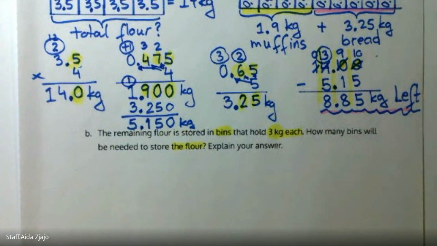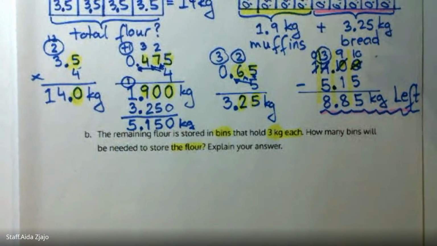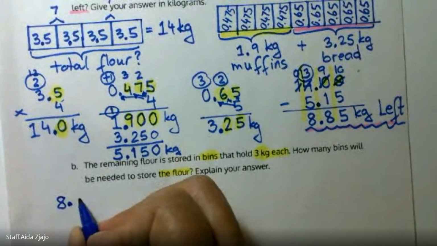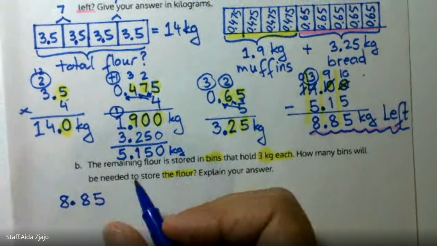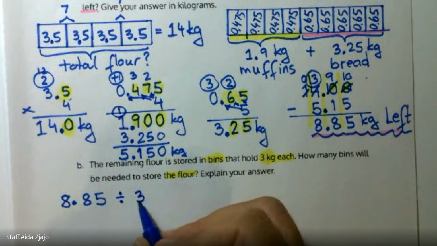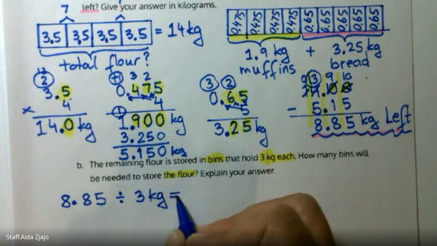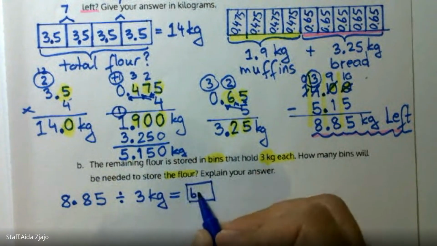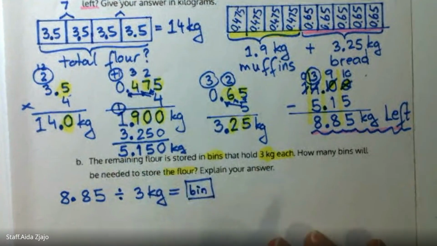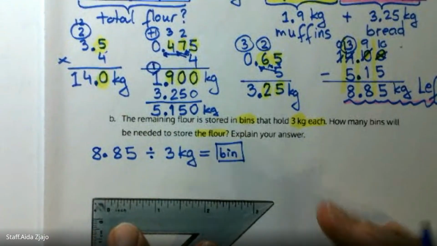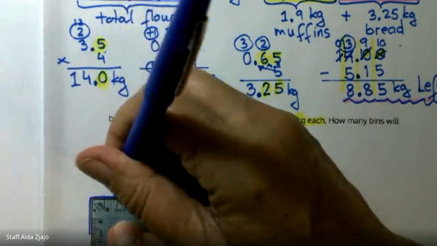So imagine now that this 8 and 85 hundredths kilograms that is left needs to be divided into groups of 3 kilograms to find how much will be in each bin. Okay, so we need to divide equally.